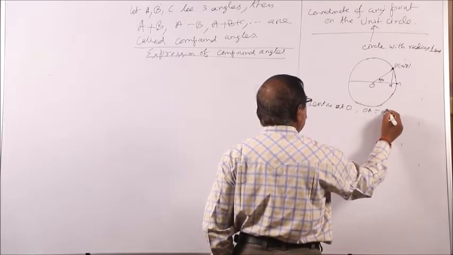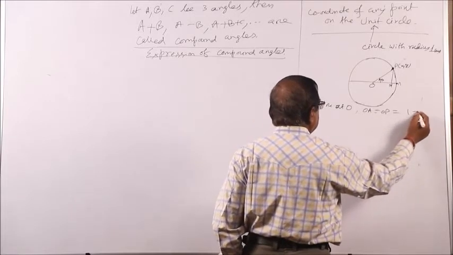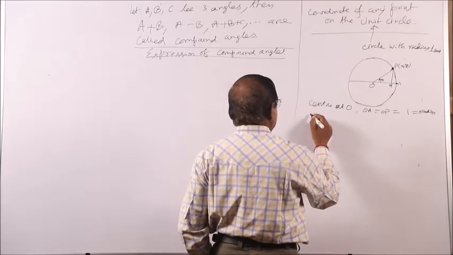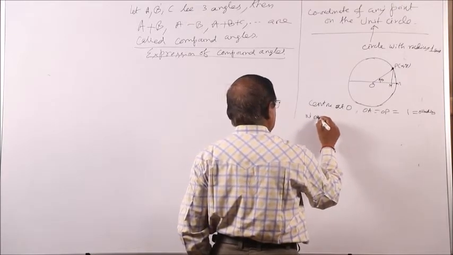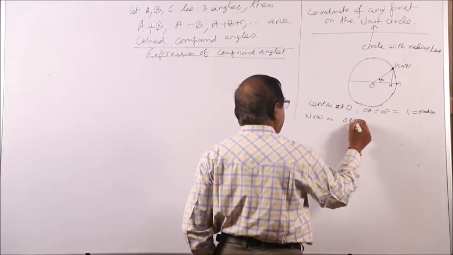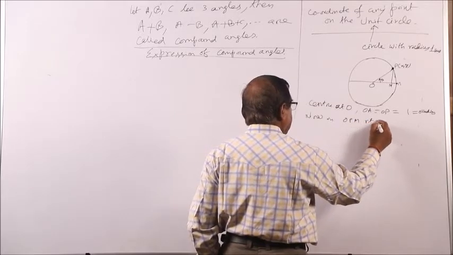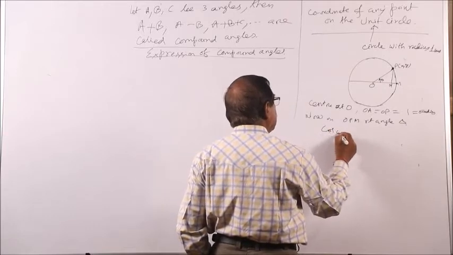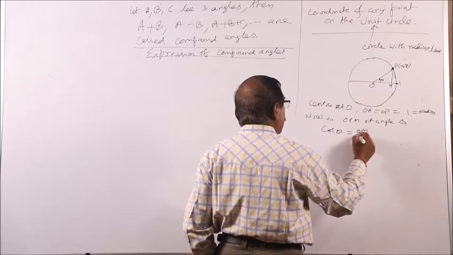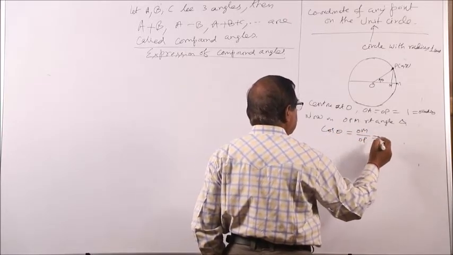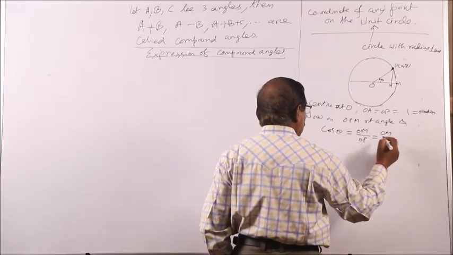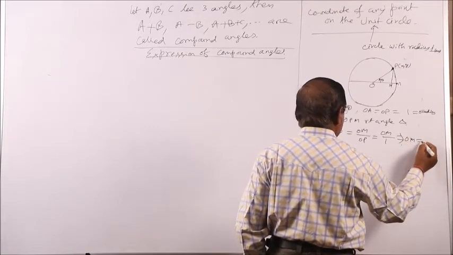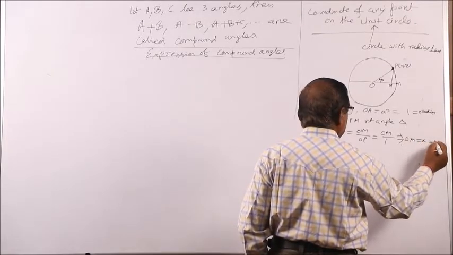OA is equal to OP is equal to 1, that is the radius. Now in the right angle triangle OPM, cos theta is OM by OP, that is OM by 1, that implies OM, that is x, is equal to cos theta.